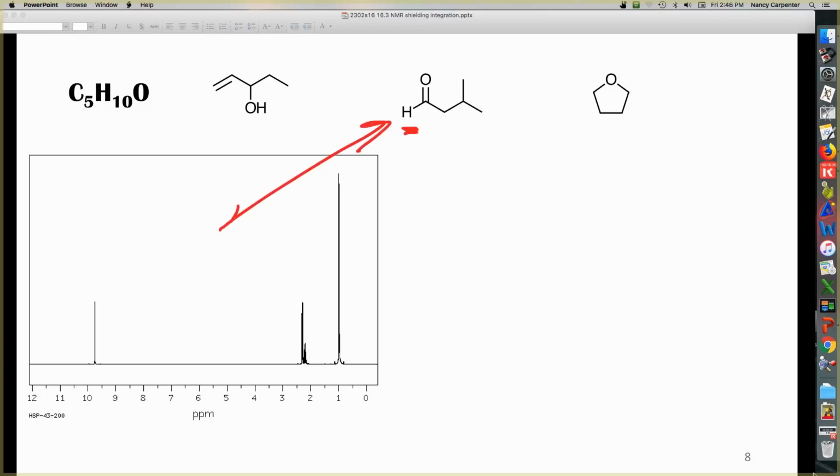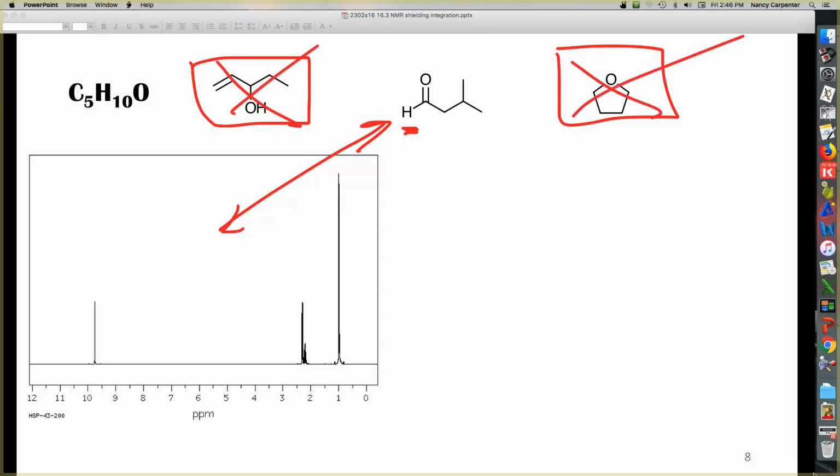So right off the bat, I'm going to say this has to be a match for that aldehyde, because neither this one nor this one would have a hydrogen that would show up with a chemical shift that far downfield. Not in a million years. So we rule those out.